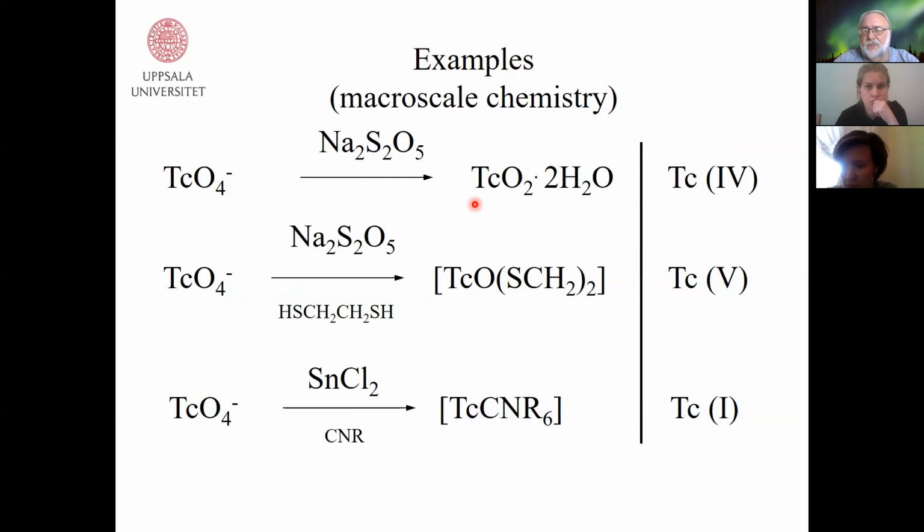This reaction is, unfortunately, very common in technetium chemistry. So if you don't control, you end up in this oxide. And this oxide is the famous or inglorious reduced hydrolyzed technetium colloid, which is a byproduct of reduction.